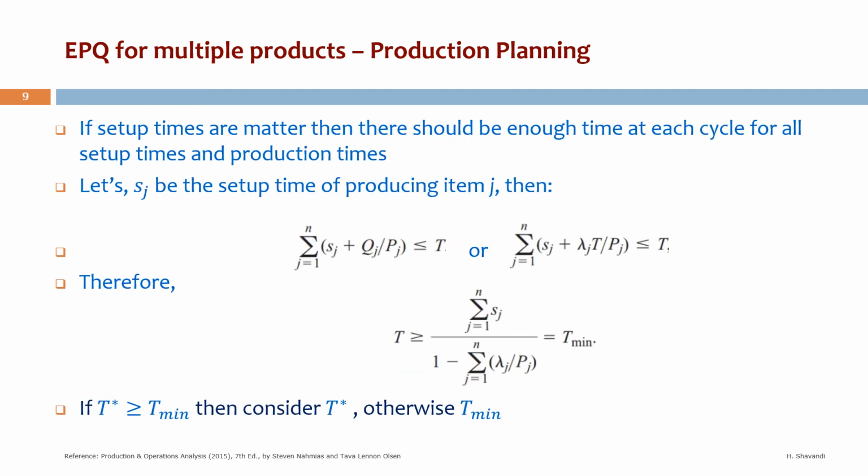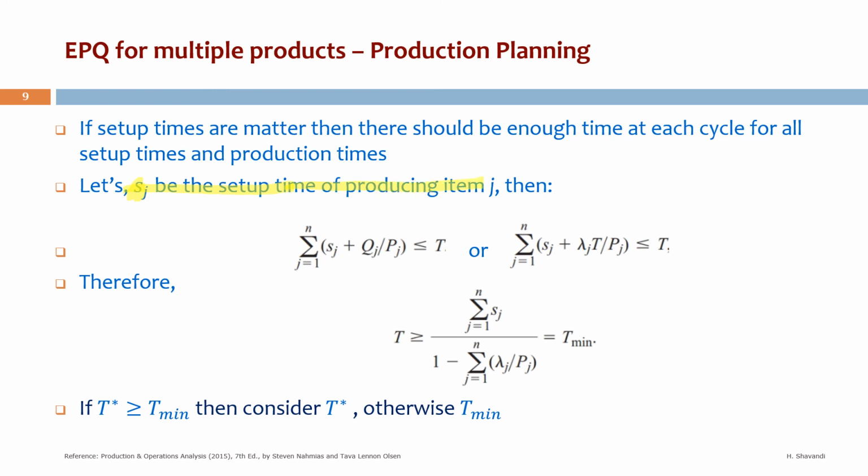If the setup times are significant, I mean, changing the setup of the line or the machine to produce a different product takes time, then we need to consider them. If this time is negligible, we ignore the setup time in our model. But if it's significant and we can't ignore it, we need to consider the setup times as well. Let Sj be the setup time for producing item j.